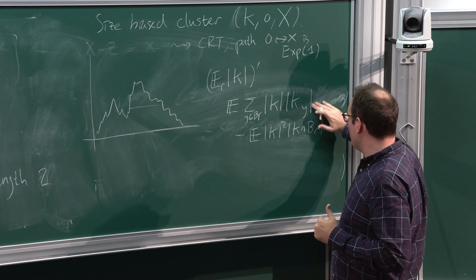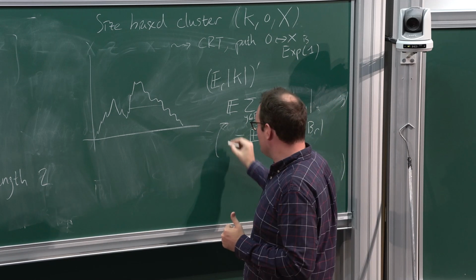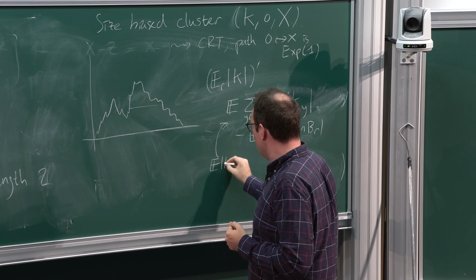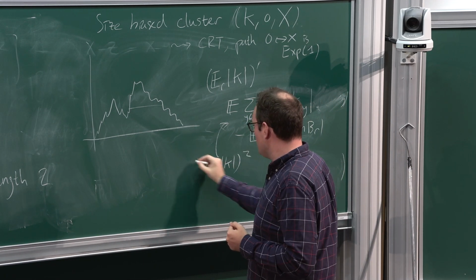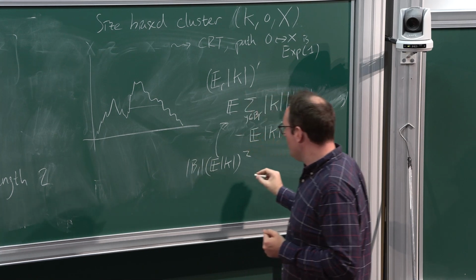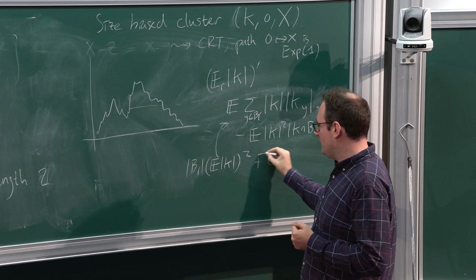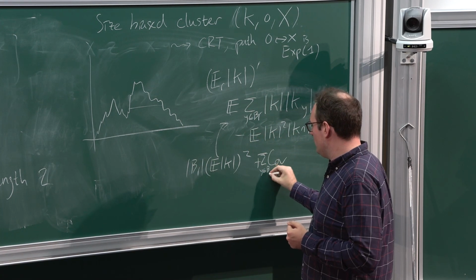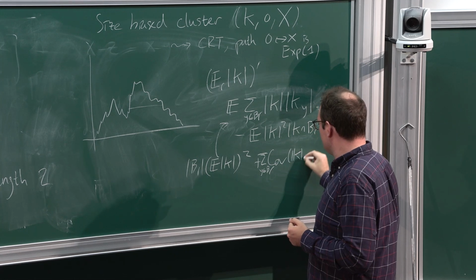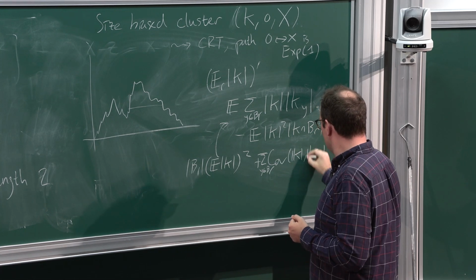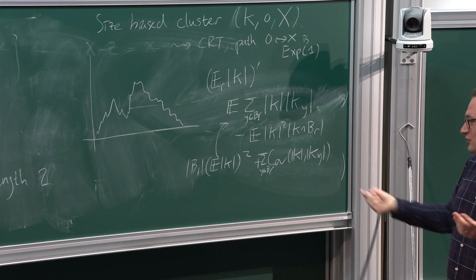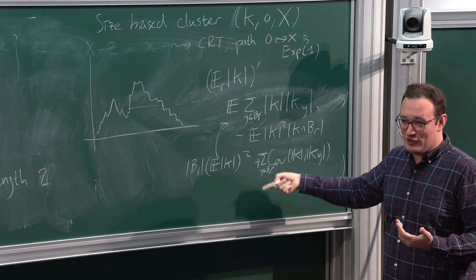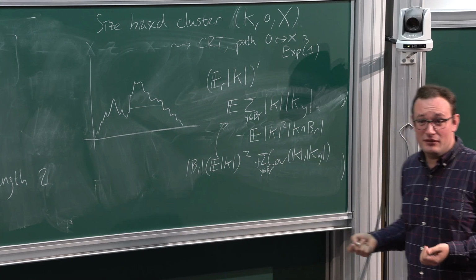For this term, well, we need to write this as the product times the volume of the ball plus the covariance. Okay, this is just an expansion you can do for any two random variables.